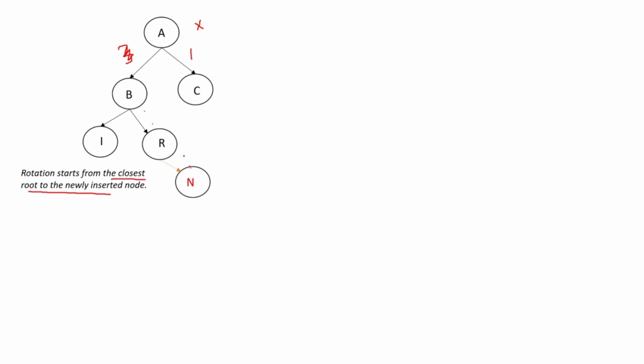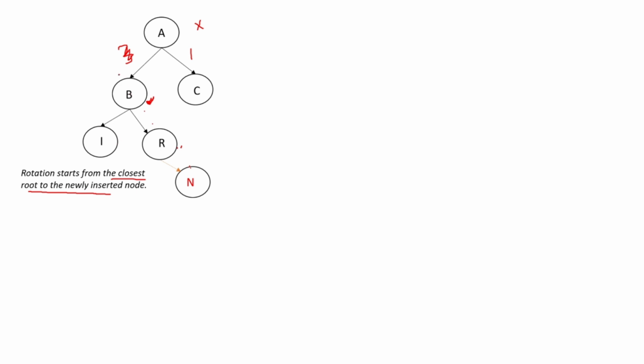The parent of N is R and the parent of R is B. So the rotation will start at the parent of the parent. The first rotation will start at this point.